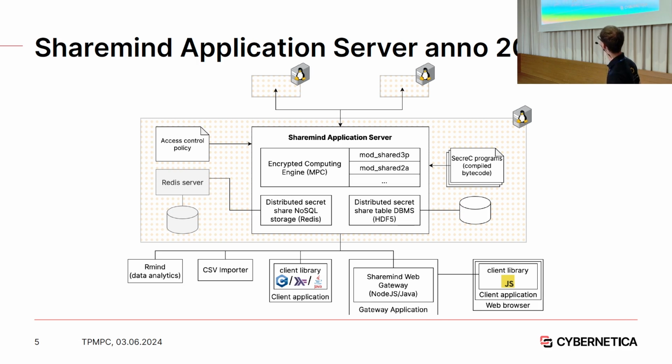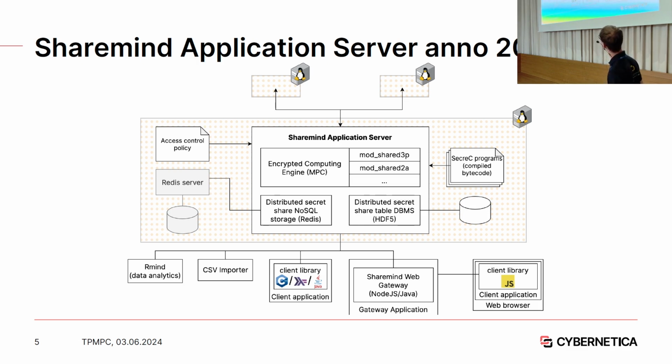For example, one is Shared3P, which means that it uses additive secret sharing, three parties, and passive security. That was the one I was talking about previously. But we also have one with 2 parties and active security, and one with 3 parties and active security is under construction. So you can basically switch out the underlying MPC engine there.